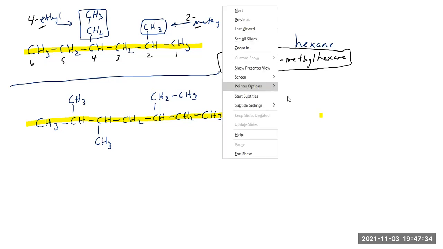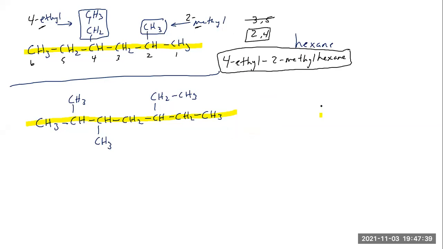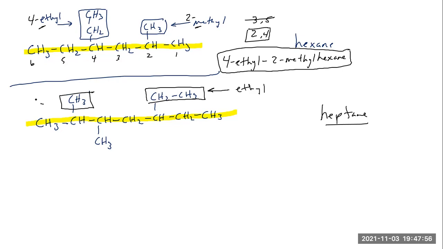7 carbons in a row tells us that we are looking at heptane. If I get it right, heptane as the base of our name. We then see a 2 carbon group attached here, which is an ethyl group. We have a 1 carbon group based off of methane, which would be a methyl group.